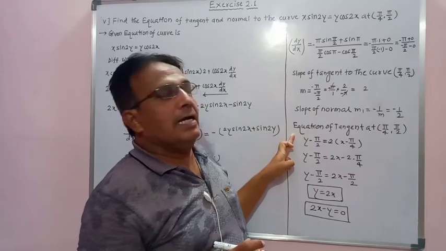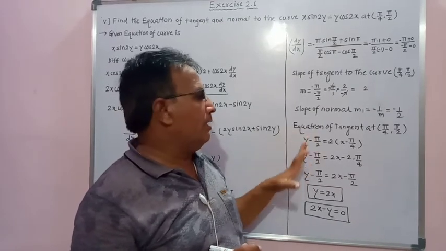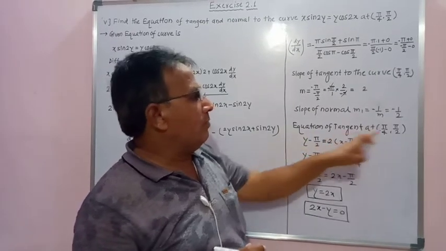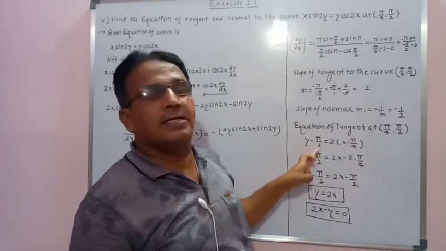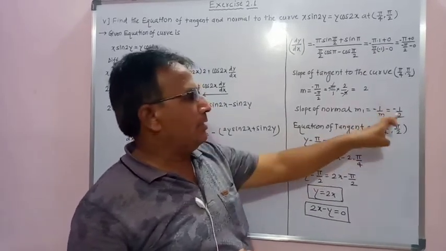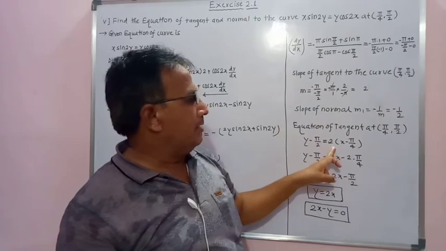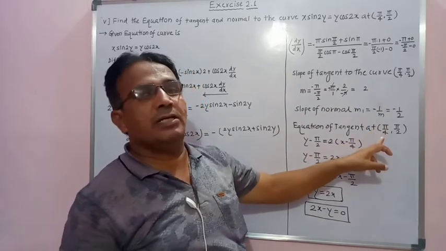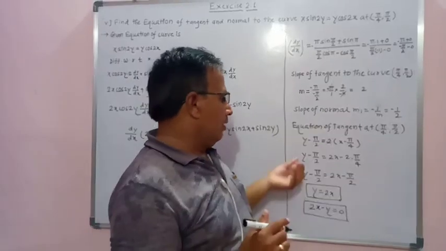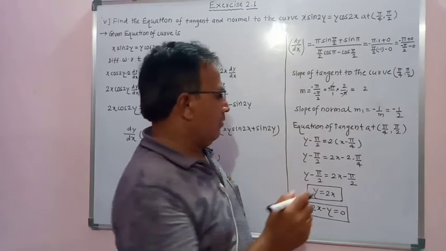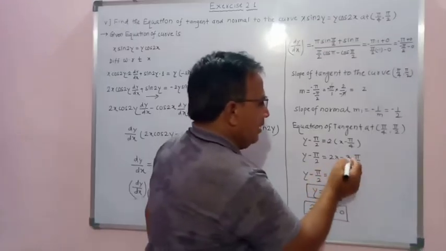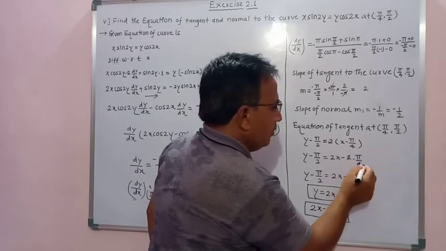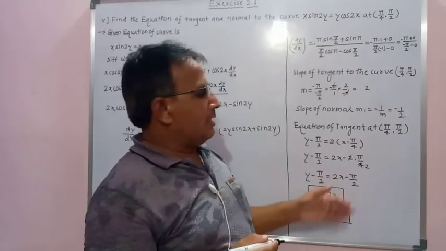Equation of tangent at the point pi by 4 and pi by 2. Therefore, y minus y1, which is pi by 2, equals m, which is 2, into x minus x1, which is pi by 4. Therefore, y minus pi by 2 equals 2x minus, 2 ones are 2 and 2 twos are 4, 2x minus pi by 2.